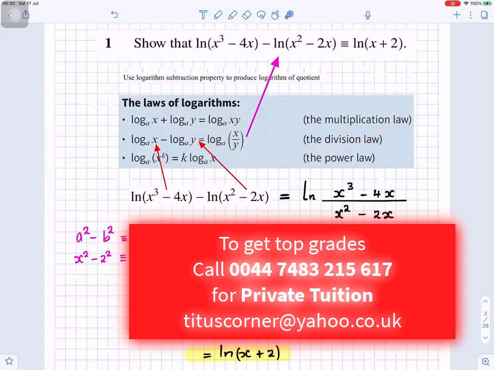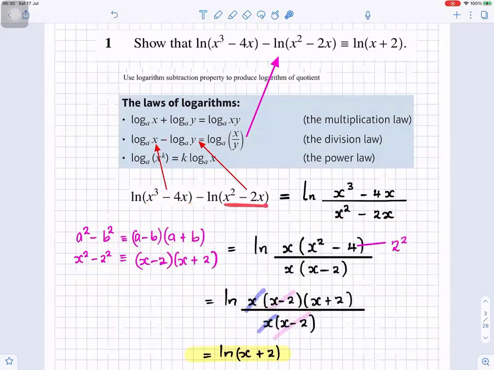So ln(x cubed minus 4x) minus ln(x squared minus 2x), we can write as ln of (x cubed minus 4x) divided by (x squared minus 2x). And also we can factorize x cubed minus 4x, x is common, so we have x times (x squared minus 4).